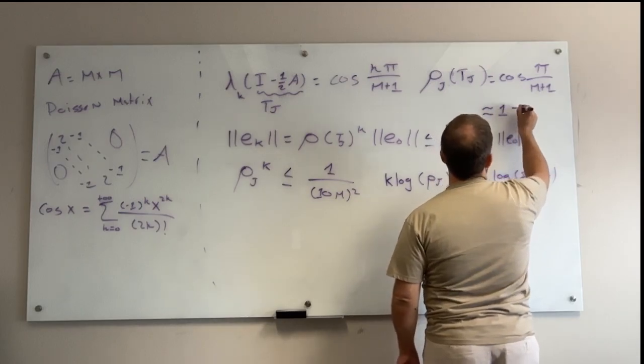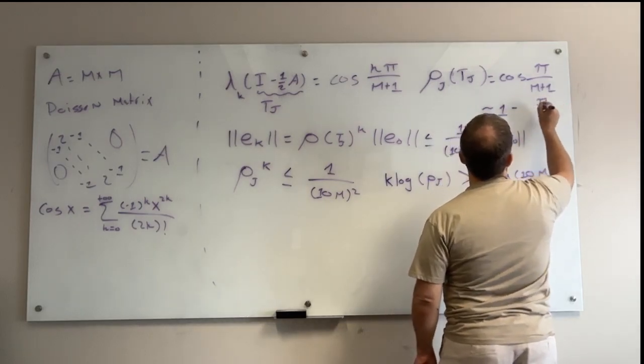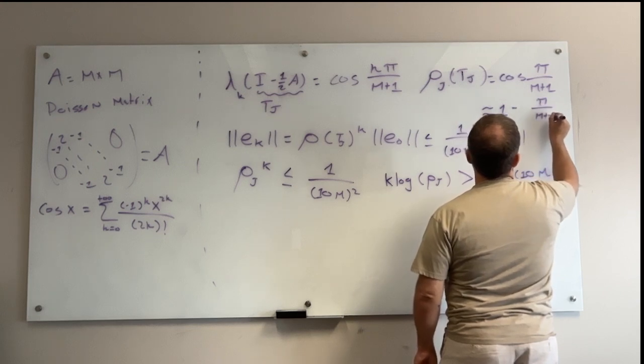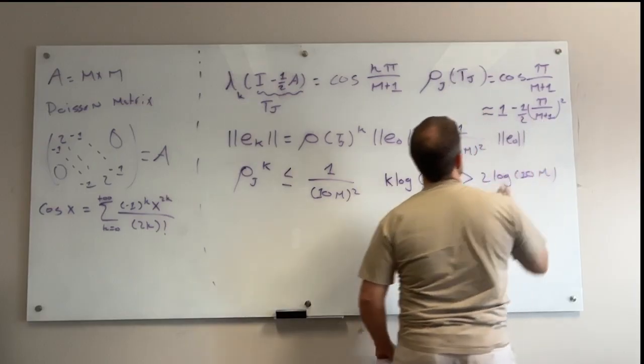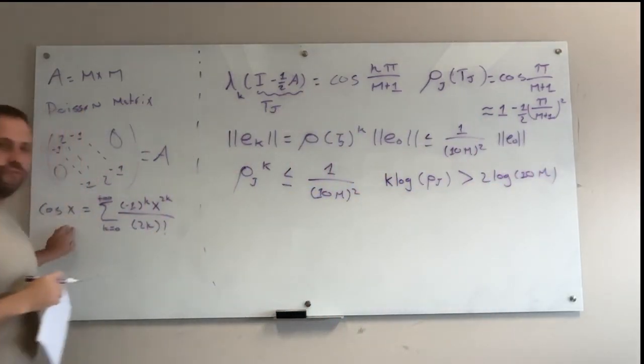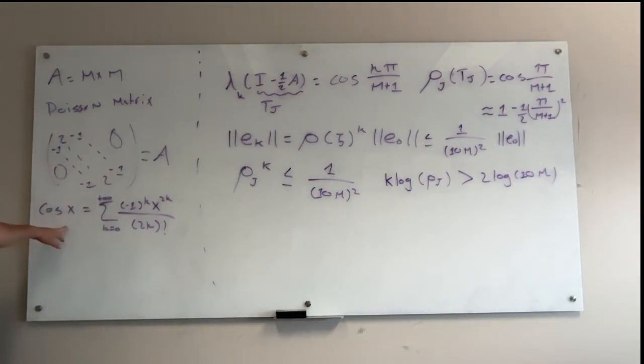So what this tells us is cosine of pi over m plus 1 is approximately equal to 1 minus pi over m plus 1 squared, all of this divided by 2. We're just looking at the first two terms of the Taylor series here. We can take more terms, but if you do that, you'll see it's not going to change the big O-ness of what we're going to get here.